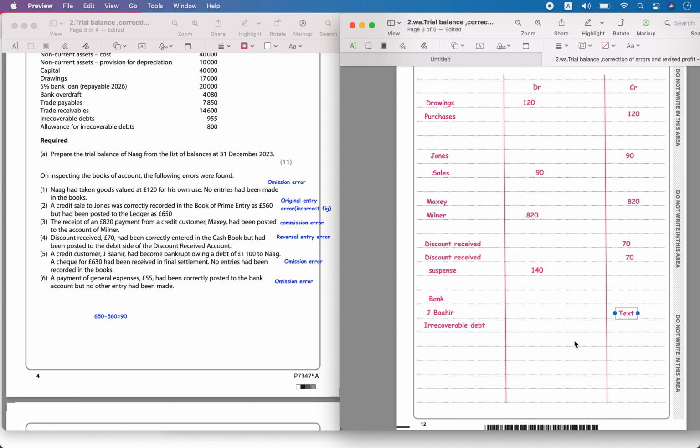A check for 630 had been received, so it would have come here, 630 into the business inside the bank. Then the irrecoverable debt is an expense, so it is a debit account, so it is 1100.